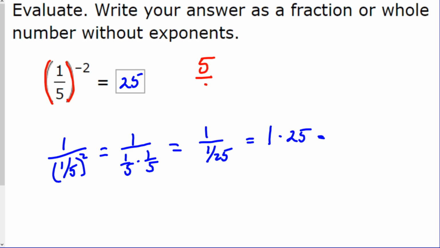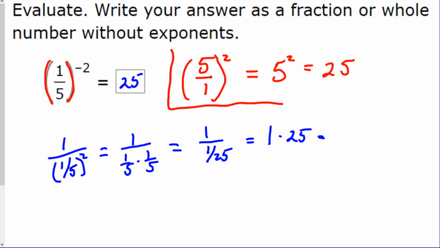Now I have 5 over 1, still in parentheses, to the positive 2. 5 over 1 is the same thing as 5. 5 squared is 25. I personally think this way is easier. Well, maybe not easier per se, but fewer steps. But I wanted to show you that if you flipped it over, it still works.